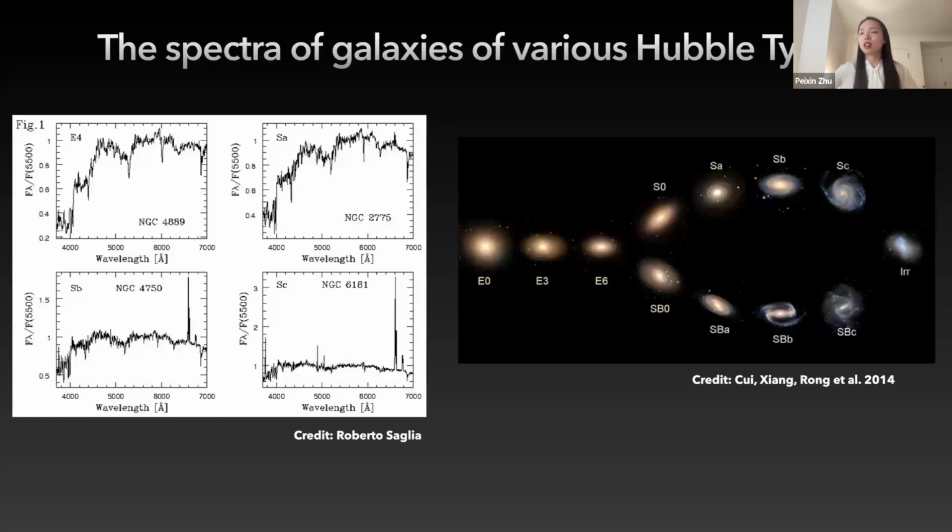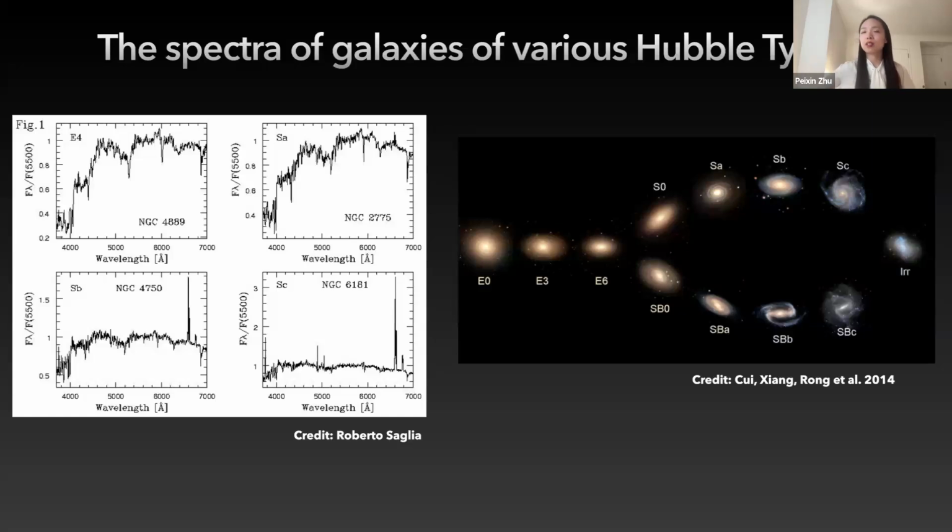As you can see, the top panel and the bottom panel spectra look quite different. But comparing the left panel to the right panel, there's not much difference in these galaxy spectra. It basically tells you that galaxy morphology is not the main cause for the difference in these galaxy spectra.